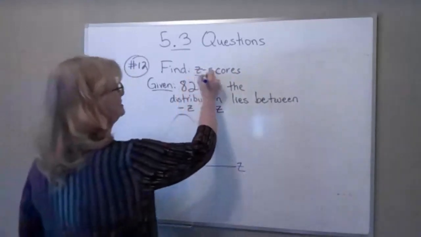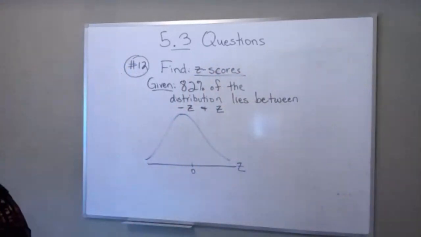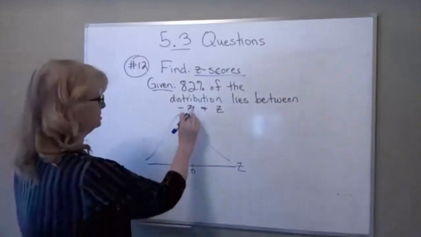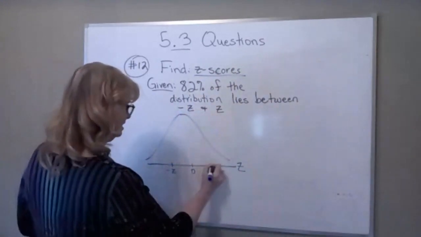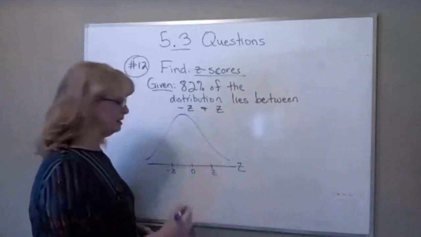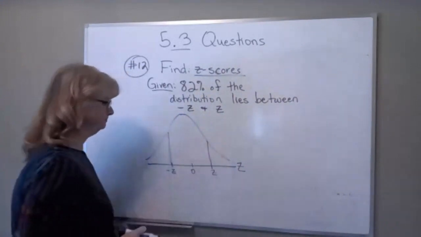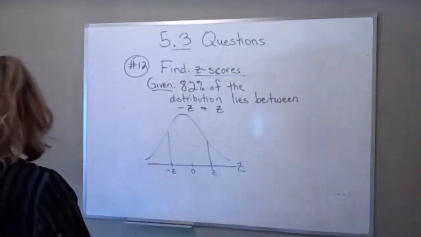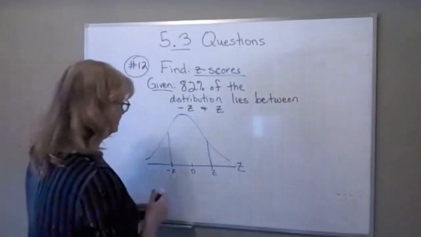They want me to find the z-scores, and so they want both of them. So there's a negative z and a positive z. They're telling you that they're opposites. And they're asking me to find these.